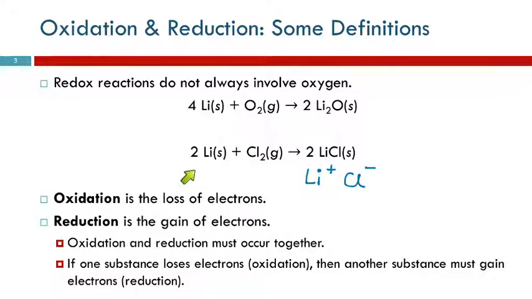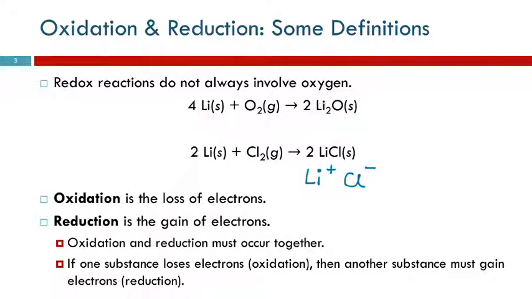Over here in the reactants, we had lithium metal, the element, it had no charge. Now it's got a positive charge. It got a positive charge because it lost one electron. Where did the electron go? It went to one of the chlorine atoms. Here chlorine had no charge, and now chlorine has a -1 charge. So the lithium gave an electron to chlorine. It's an oxidation reduction reaction.